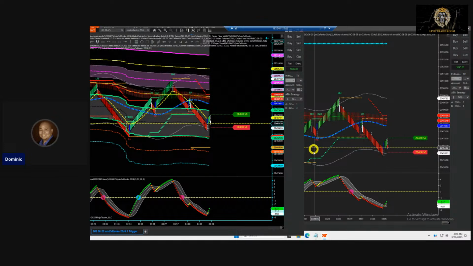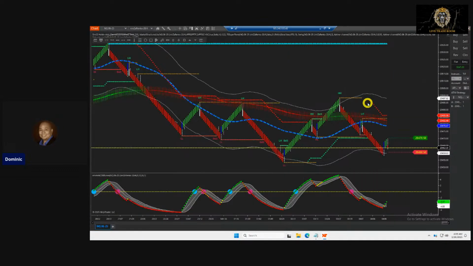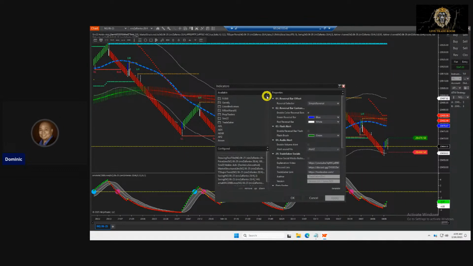So what are we seeing here? So here, oh, you know what? I just noticed I don't have the 21 EMA here. Wow, weird.